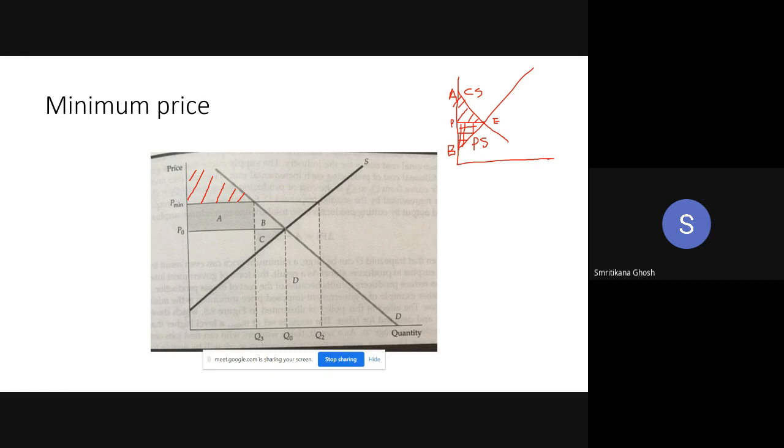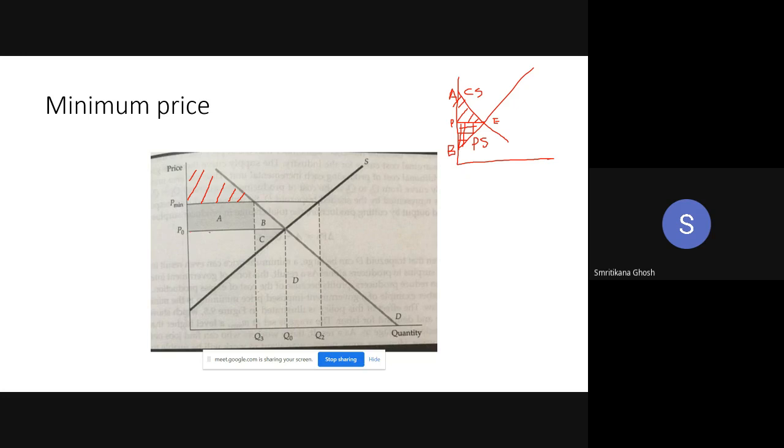Initially, the consumer surplus was the area above P naught. Now, the consumer surplus is the area above P min. If we compare these two areas, we can understand the consumer surplus is lesser than before. So, consumers are the loser. We can say consumers are sacrificing their surplus.